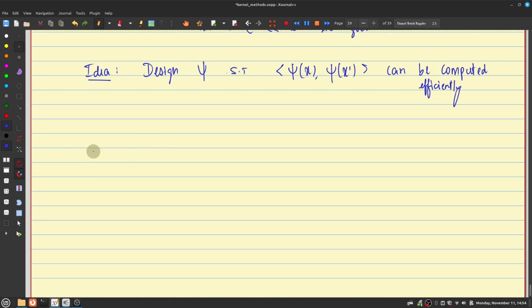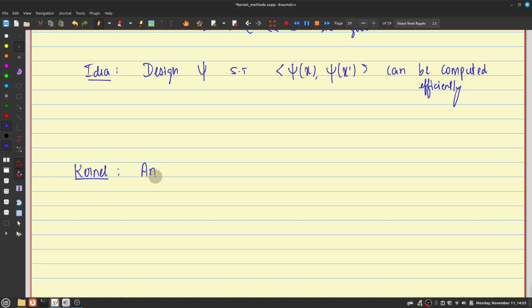Let me define what a kernel is. Effectively, we won't explicitly design the feature map. We'll design these so-called kernels, which play the role of this inner product.